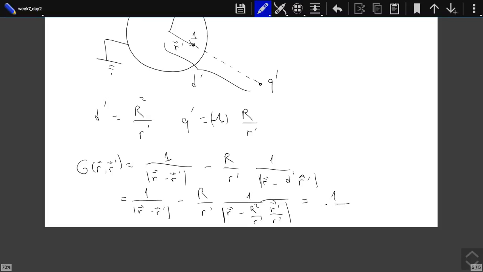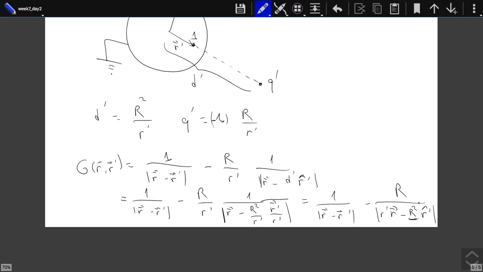This is equal to 1 over R minus R prime, minus R over, if I just multiply with R prime everywhere, R prime in the R hat direction minus R squared over R prime hat.